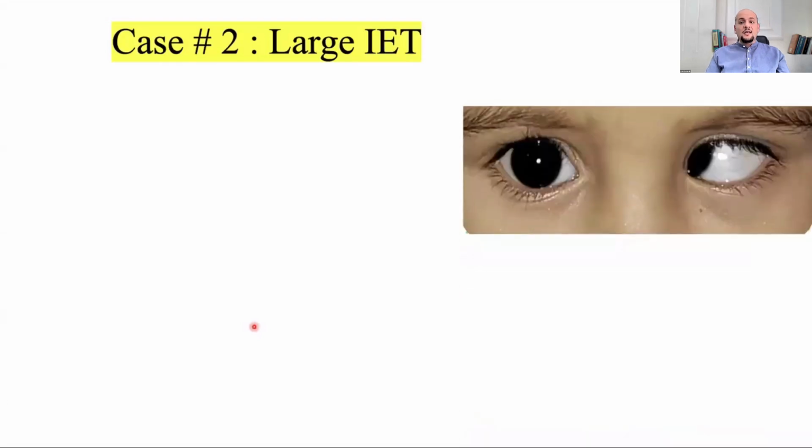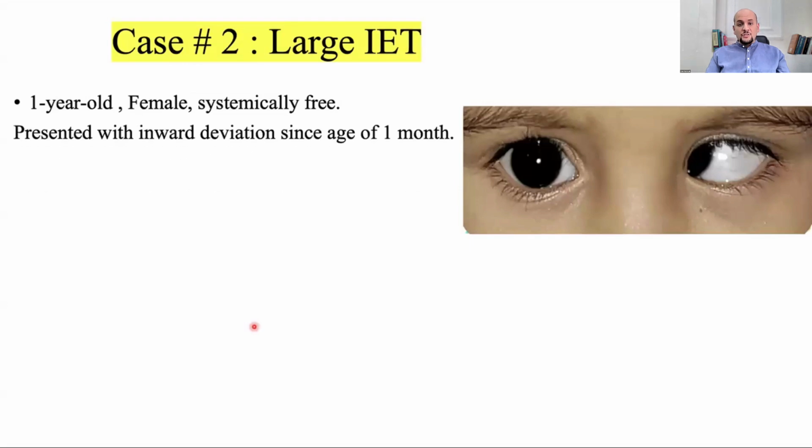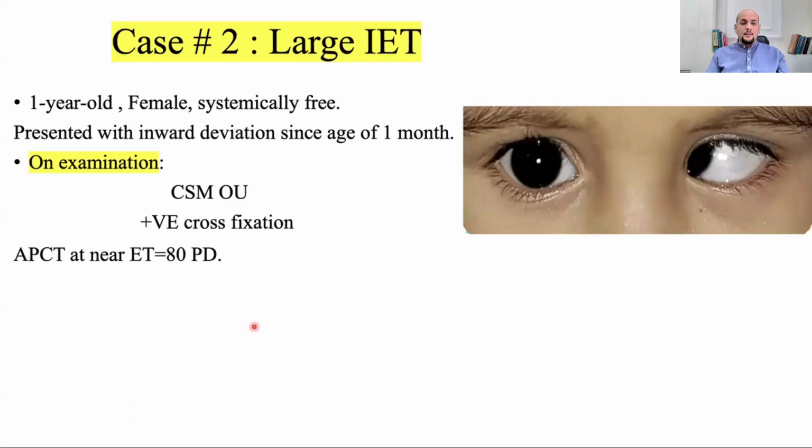Second case, that is a 1-year-old child with inward deviation since the age of 1 month. On examination, central, steady, maintained fixation in both eyes, positive cross fixation, and having cross fixation in both eyes means that the child is using both eyes equally, and most probably the child does not have amblyopia.